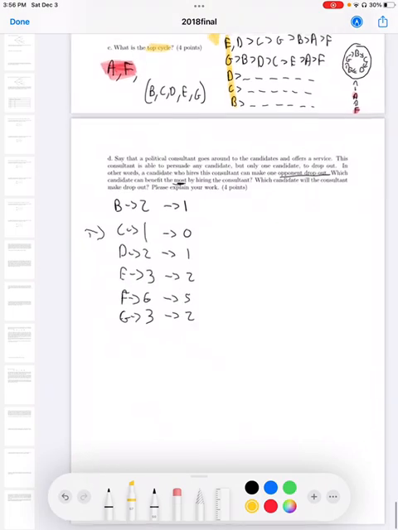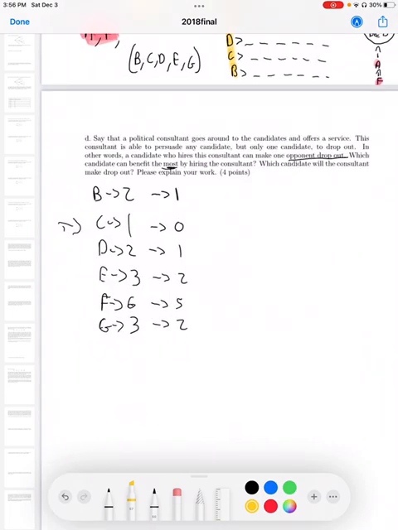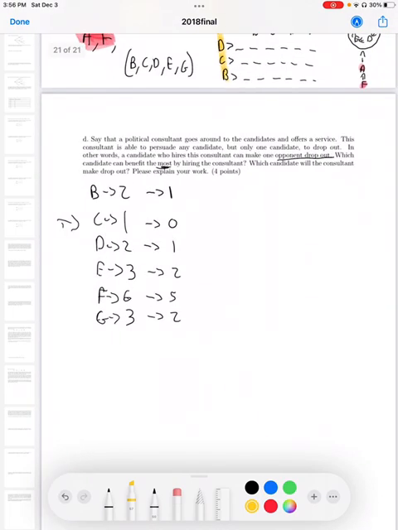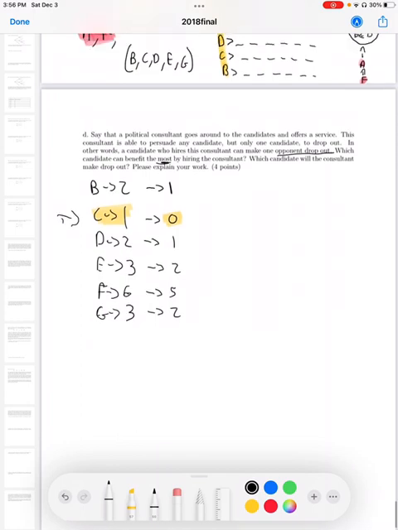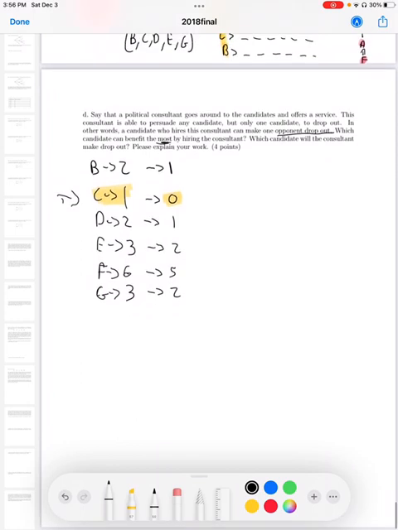So the best person that benefits from this would obviously be C, since C would have no one else dominate them. And if C has no one else that dominates them, then C would be the Condorcet winner.